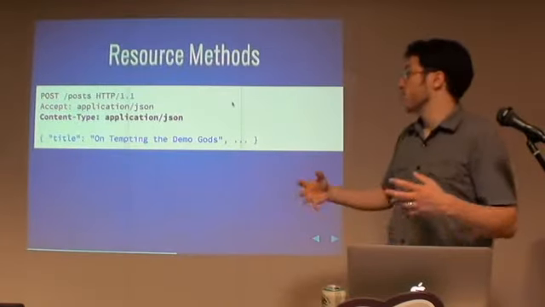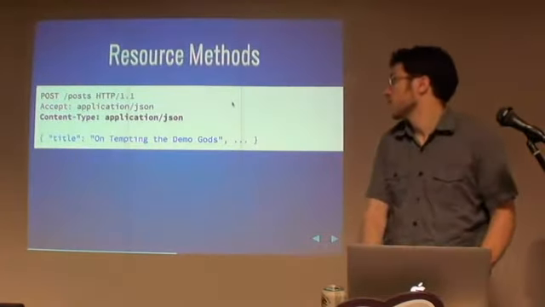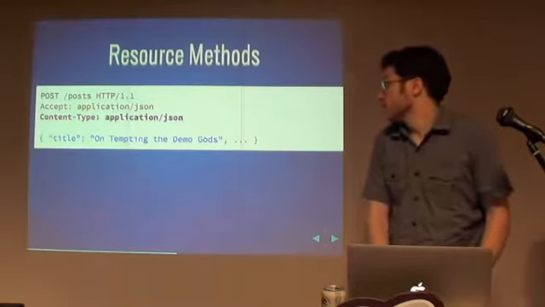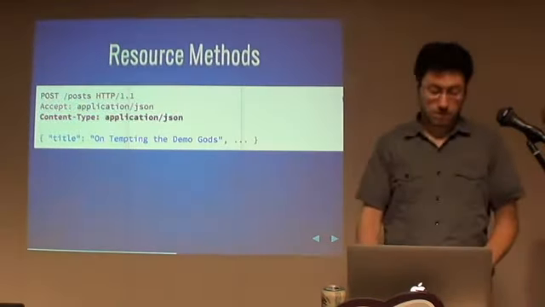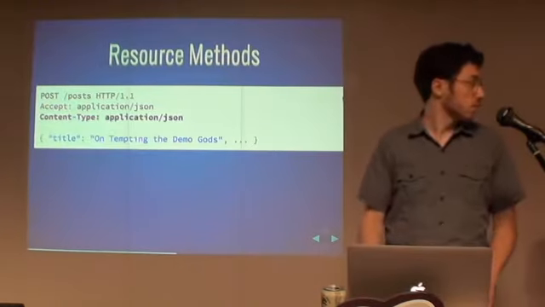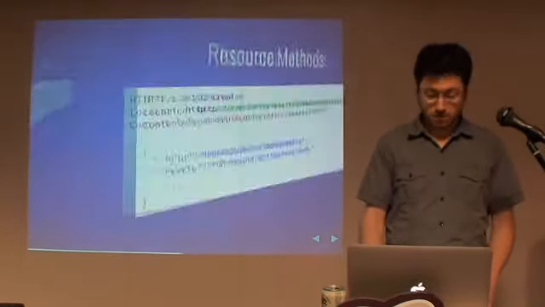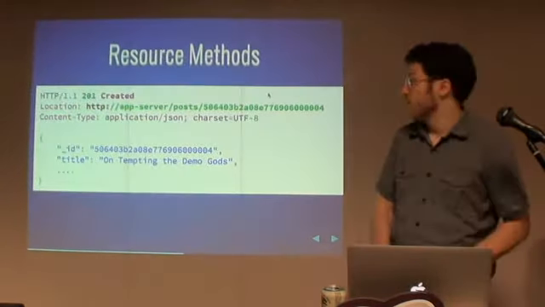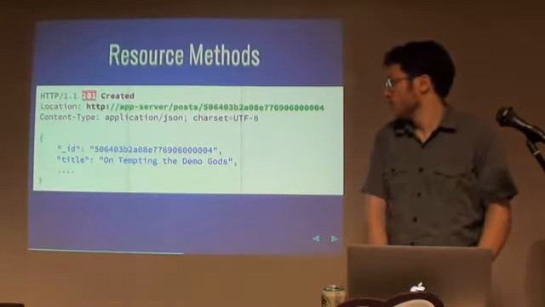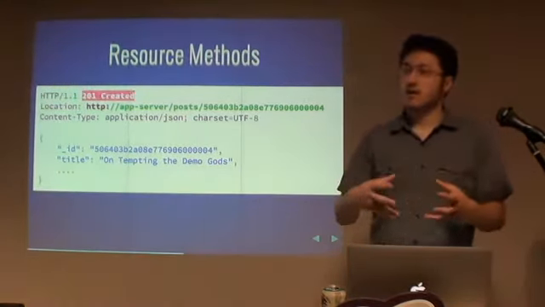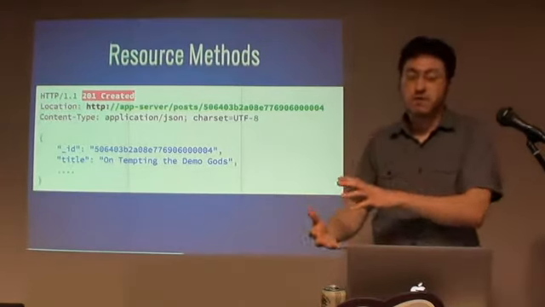You can also use this for creating new resources by telling the server what content type you're supporting. When you create a new resource, the server will send back a set of very well-defined responses.